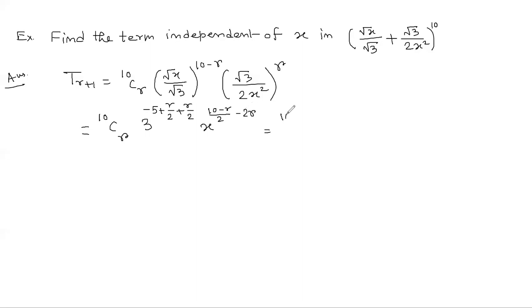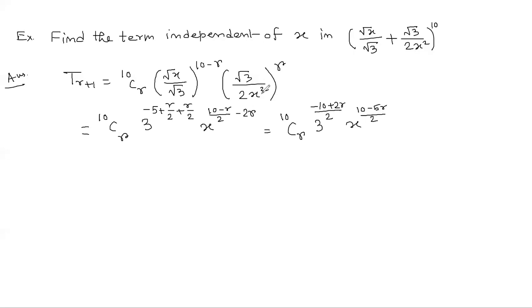So it is 10Cr, 3 power minus 10 plus 2r by 2, into x power 10 minus 5r by 2.